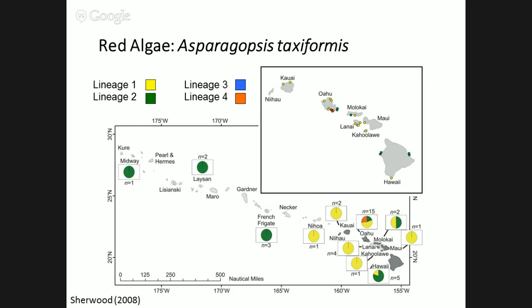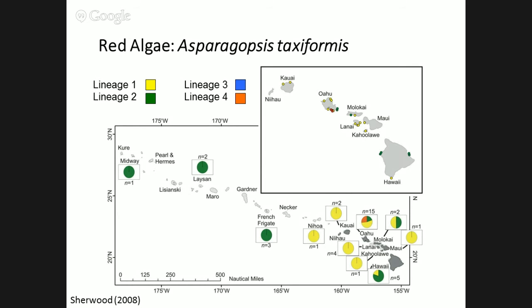So you can see that we have lineage 1 in yellow. That's very common throughout the main Hawaiian Islands, and it's the only lineage that we came up with on some of the islands. Lineage 2 in green is really the only lineage that we see in the northwestern Hawaiian Islands, except for here in Nihoa. But for the more distant northwestern Hawaiian Islands, everything seems to be lineage 2, at least so far.